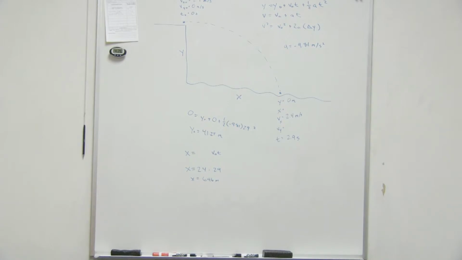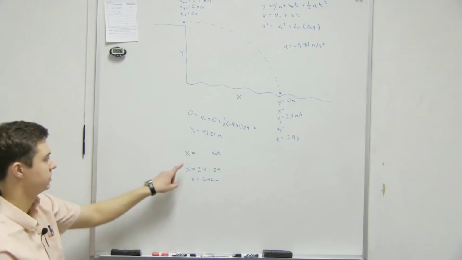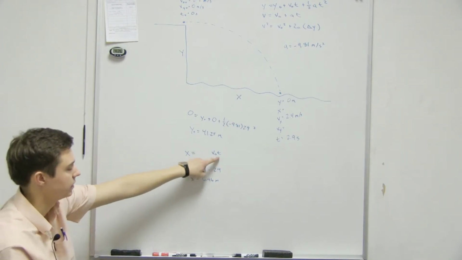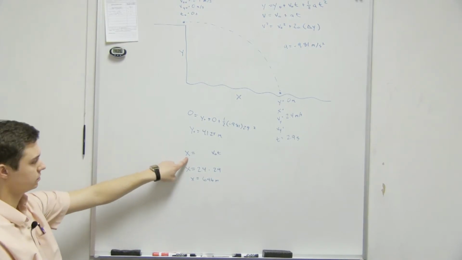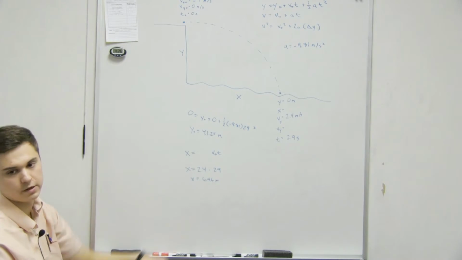Yeah, so for you, it's the same exact equation, x equals v naught times t. They gave you v naught, so it'd be 7 times 7.3, at least for this one. For part 7, are you sure? What is the horizontal distance? So isn't that wanting x? Yeah, that's what this is, x equals v naught times t.